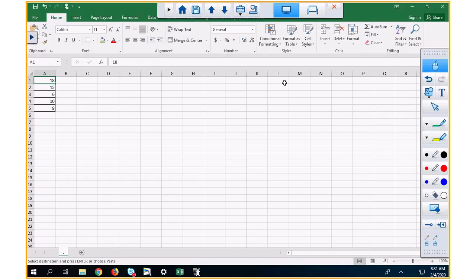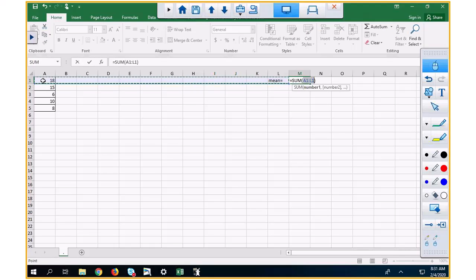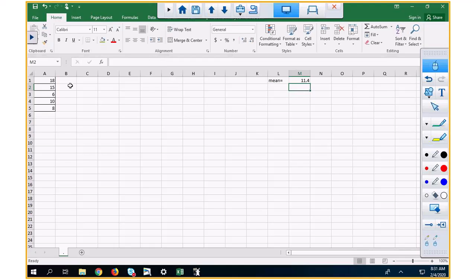So I'm going to go over here and do the mean. I'm going to do the summation of all these numbers. You don't have to put them in order to find the mean. Divided by how many? 5. Now I'm going to take that away from each one.